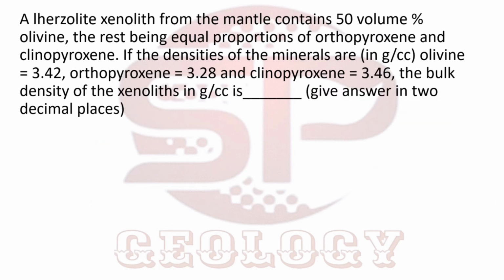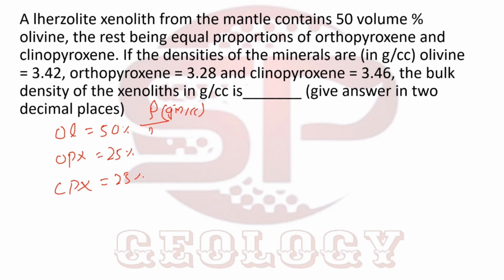The lherzolite generally from the mantle contains 50% volume of olivine. The rest is in equal proportion of orthopyroxene and clinopyroxene. That means orthopyroxene is 25%, clinopyroxene is 25%. The density is given in gram per cc.